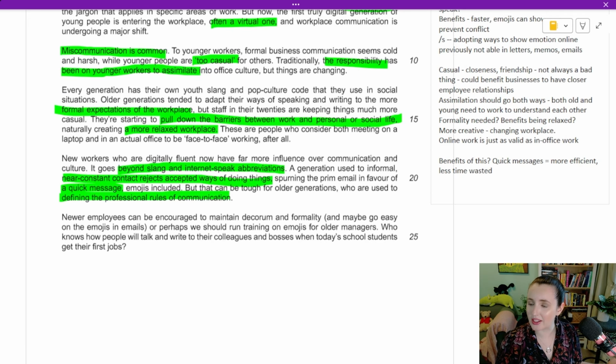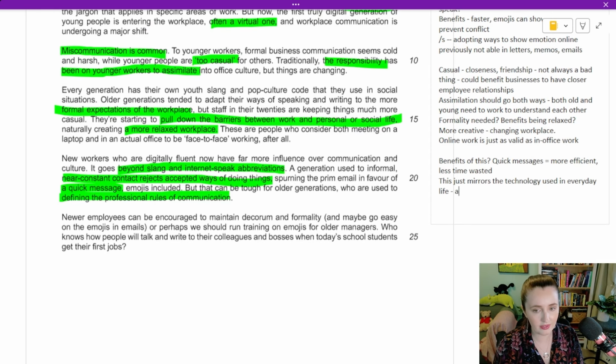We are this way because of the technological landscape that we grew up in. This is what's natural and normal and native to us. So this just mirrors the technology used in everyday life, adapting to the reality of the technological landscape.